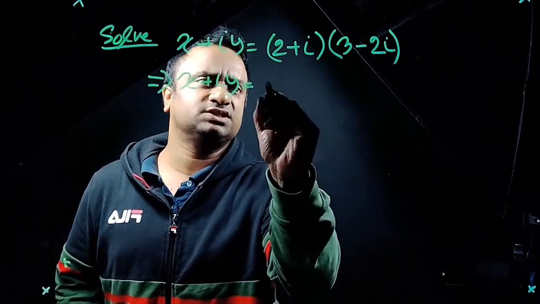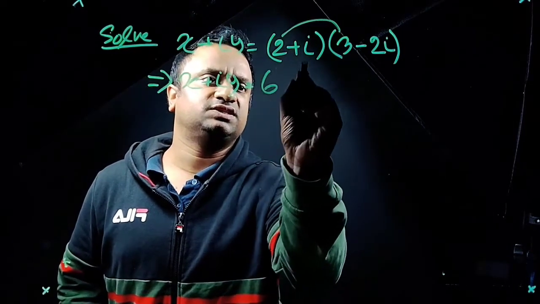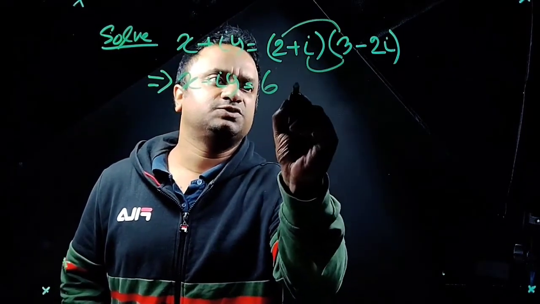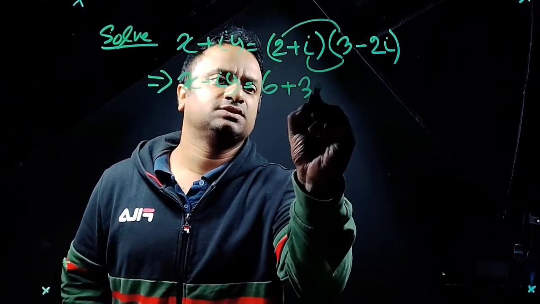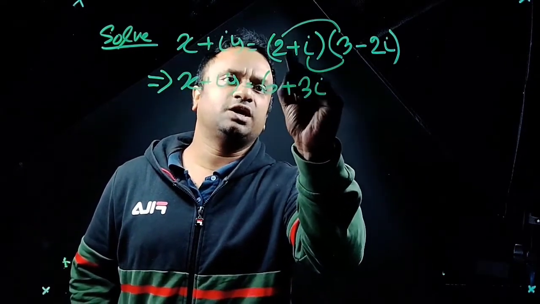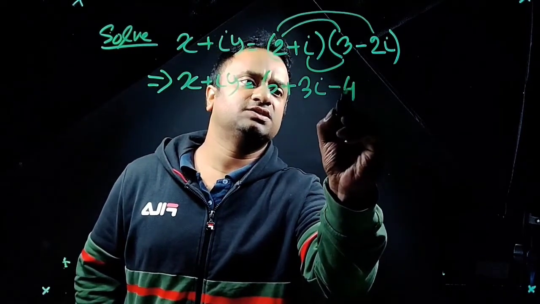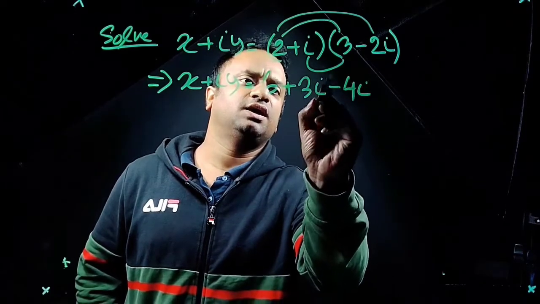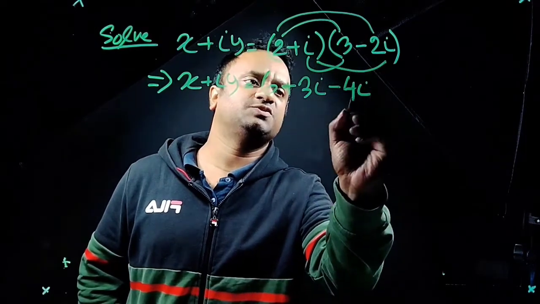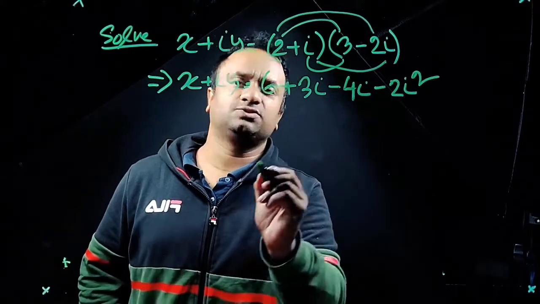So we do the multiplication, that is 2 times 3 is 6, then i times 3 is plus 3i, then 2 times minus 2, that is minus 4i, and then i times minus 2i, that is minus 2i square.